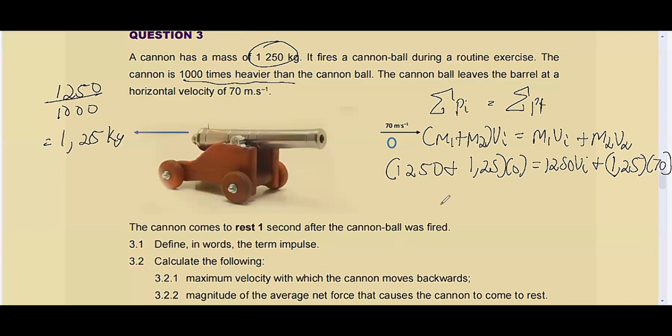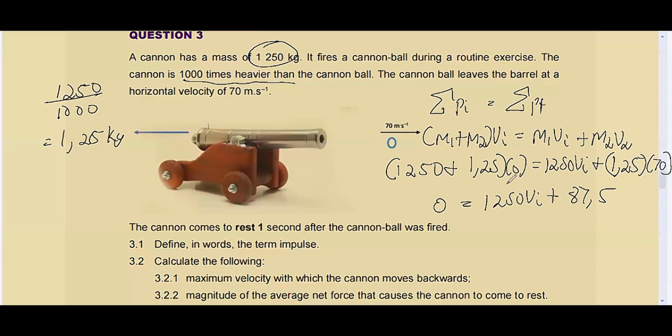Now to calculate that, that's 0 from all that. And then we have 1,250 Vi. Now, if we multiply that, that's 1.25 multiplied by 70. It gives us 87.5.